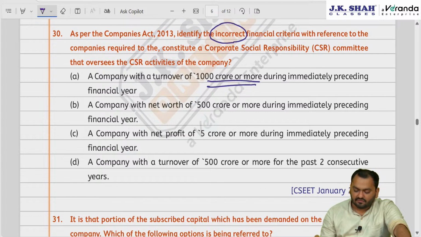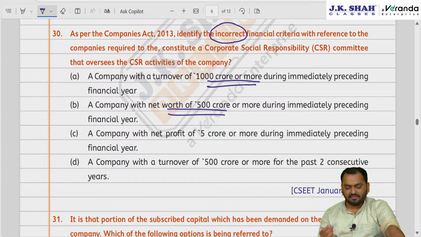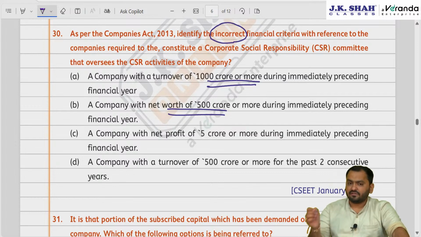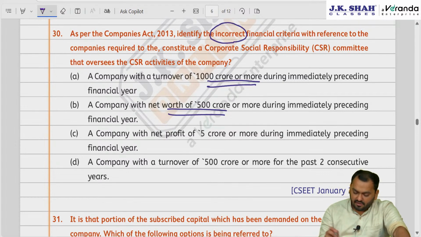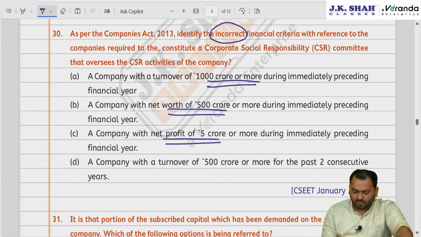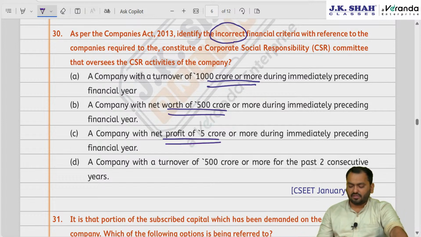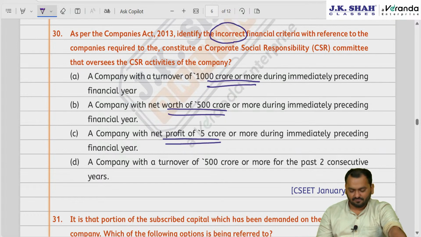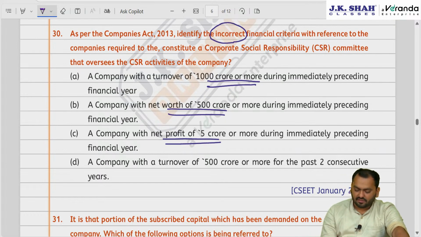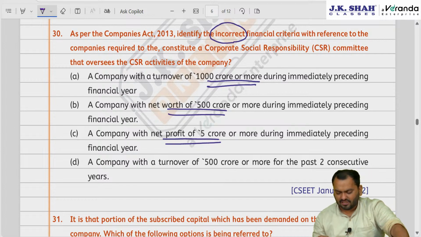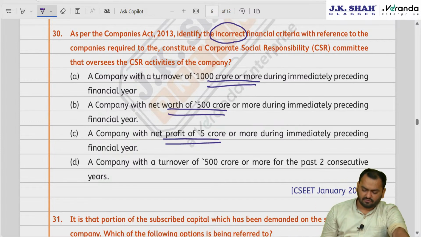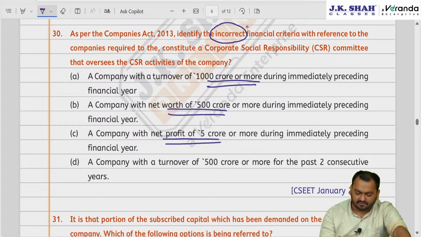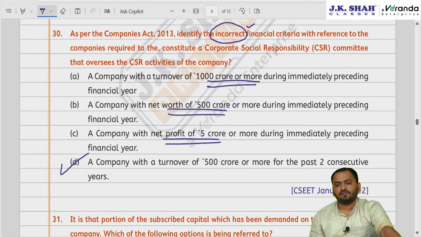Or a net worth of 500 crore or more in the immediately preceding financial year, even this is correct. If a company has a net profit of 5 crore or more during the immediately preceding financial year, even this is correct. Then a company with a turnover of 500 crore or more for the past 2 consecutive years. So friends, option D is the incorrect criteria. Option D is our answer.